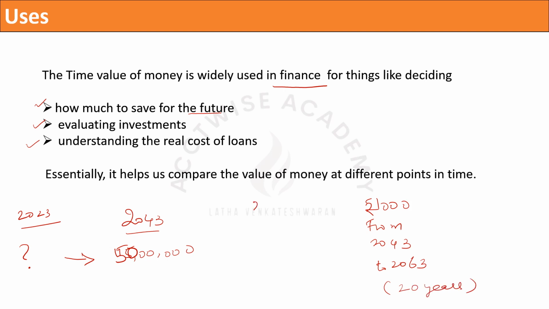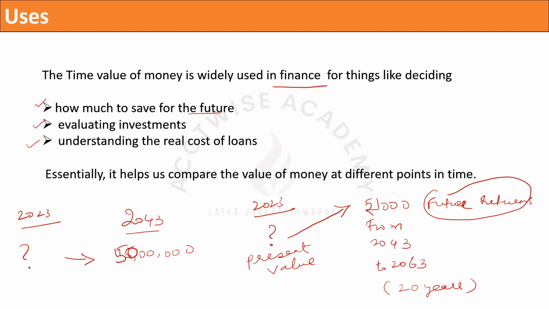Now you are in 2023, the present. How much do you need to have today so that it can fetch you future returns of 1000 rupees per month? So you need to find out the present value of expected future returns. That is for evaluating investments.